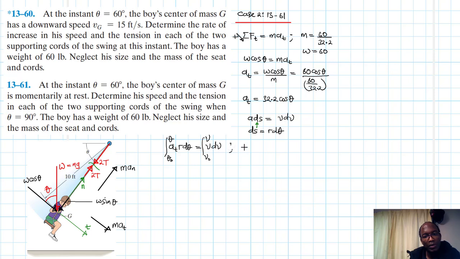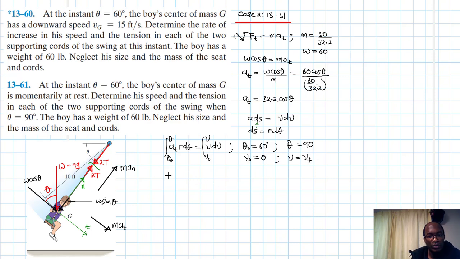Alright, and we know that our theta naught there is 60 degrees and our theta is 90, and our v naught, this is held momentarily at rest, therefore this is equal to 0, and our v there is just equal to v, or you can think of v final.